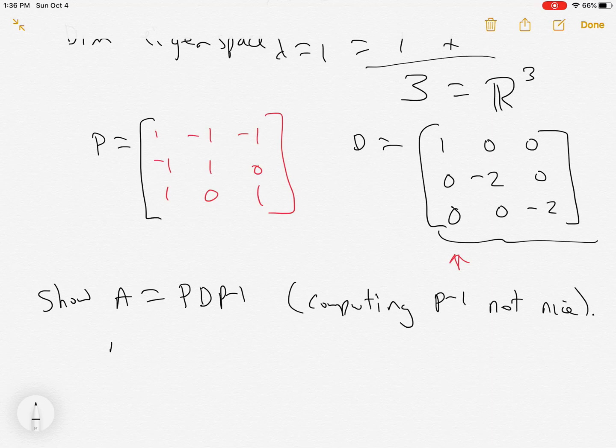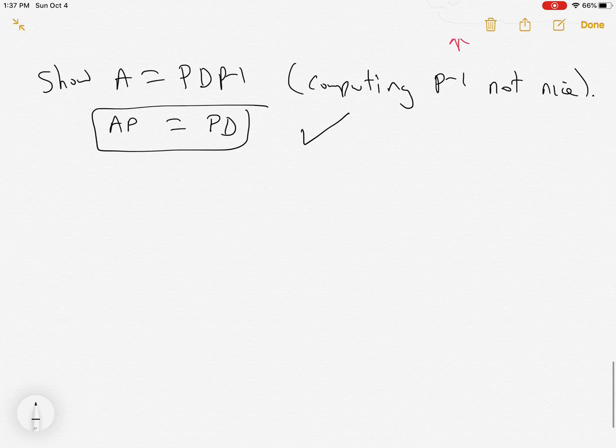And so if you compute AP and you compute PD, you get the same check without having to find what P inverse is, which for a 3x3 is an absolute nightmare by hand. And even if you do it with a computer, once you start getting into 3s, 4s, and 5s, it starts doing round off error, and you'll get like 3.00001 for the eigenvalue. But it's much cleaner if you use that.